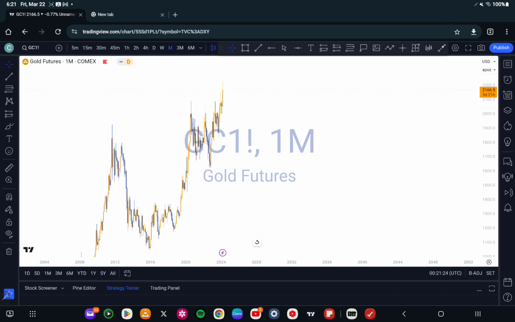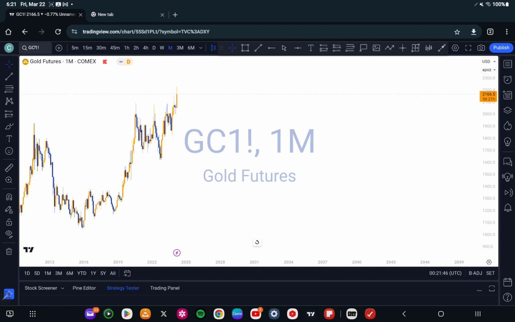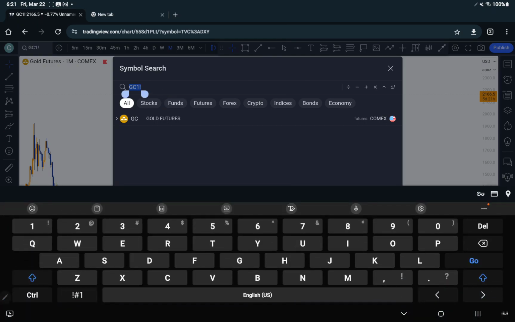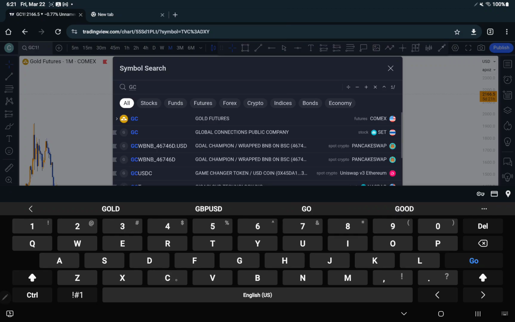Now, if you've been watching my analysis, you know the majority of the time I like to trade gold, that is gold and GU, right? If you still want to trade gold but instead of forex you want to do it in futures, you will go and search for GC on TradingView.